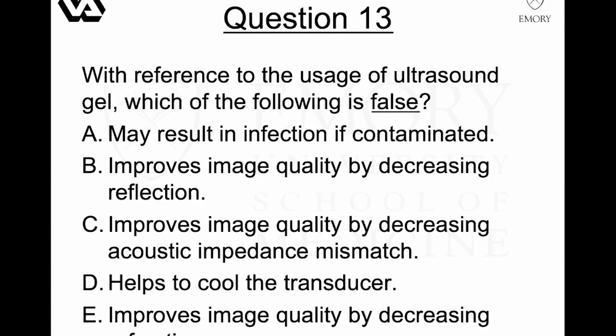So now you're 25%. From 20%, you have 25% chance of getting it right. Improve by 5%. Is it refraction? Okay, that's also not right. Those are all true, by the way. Okay. Helps to cool the transducer.